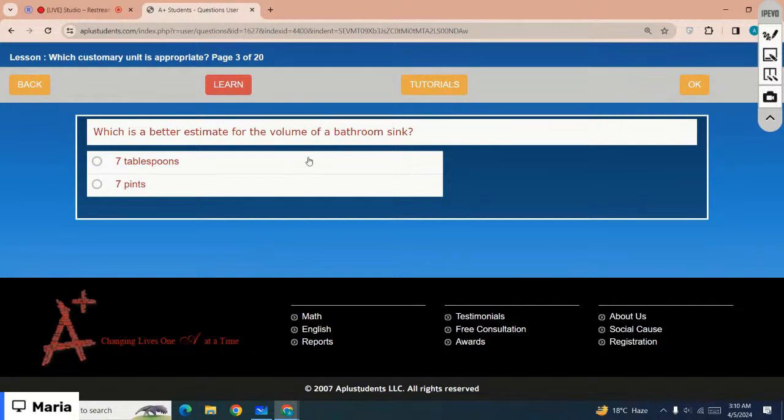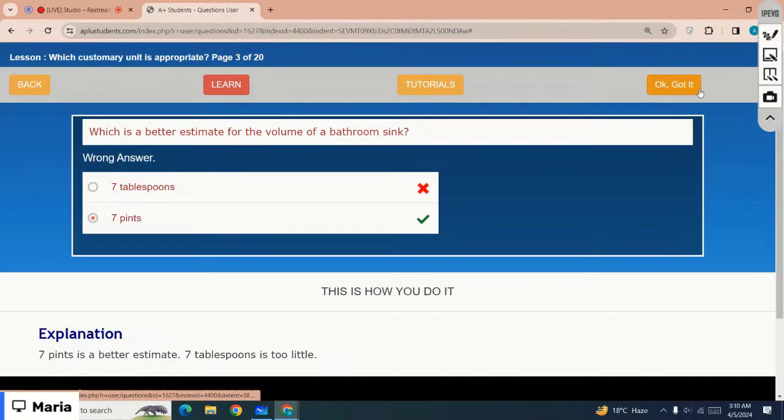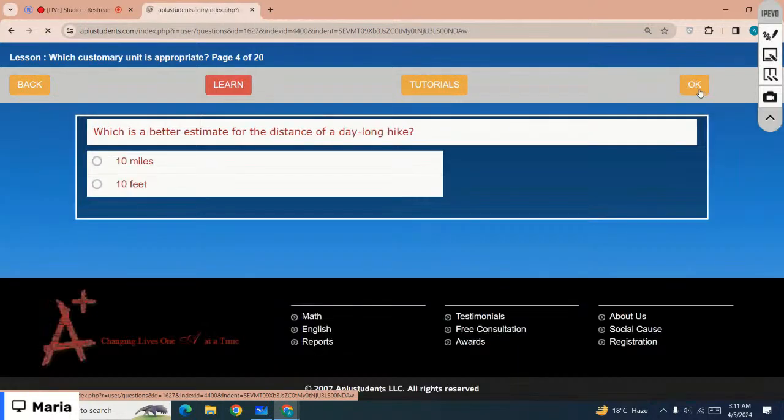The correct option is 7 tablespoons. Tablespoon is a smaller unit, right? Pint is a bigger unit. So that would be 7 pints, because 7 tablespoons is just too little for a sink, right? The correct option is 7 pints.